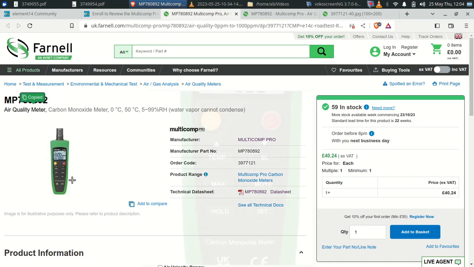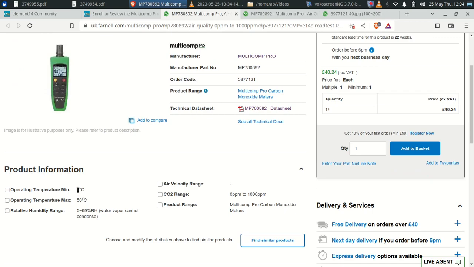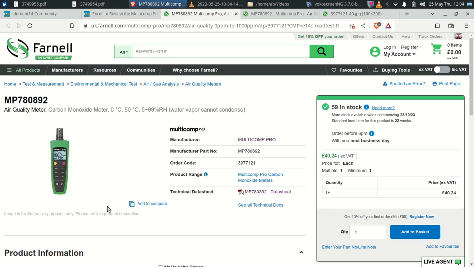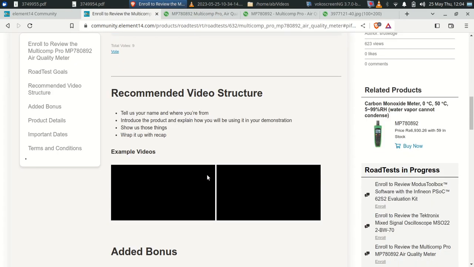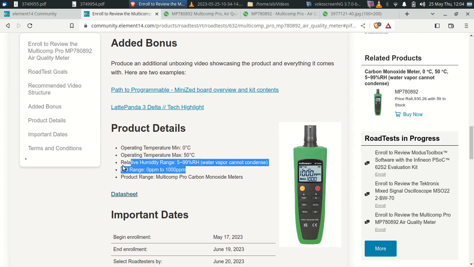The operating temperature range is 0 to 50 degrees Celsius, and the relative humidity range is 5 to 99% RH, water vapor cannot condense. The carbon monoxide range that it measures is between 0 ppm and 1000 ppm.